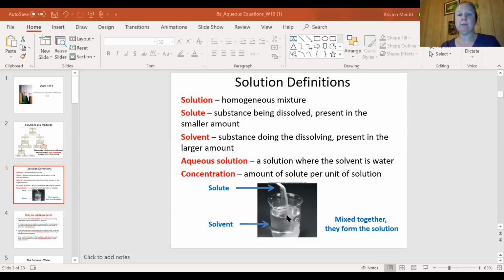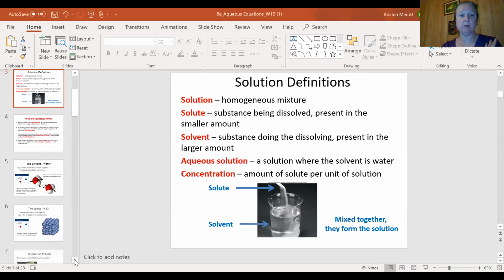So that's for any solution. If the solvent is water, then we call that an aqueous solution. And again, that's the AQ designation. The concentration is the amount of solute per unit of solution. This is written this way because there are a number of different ways to write it.